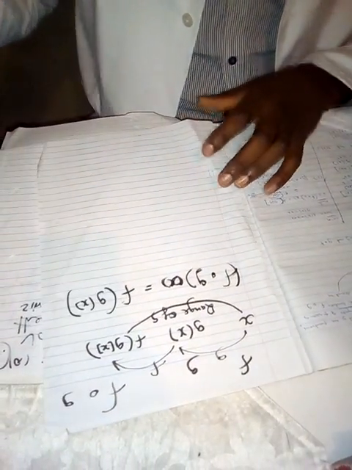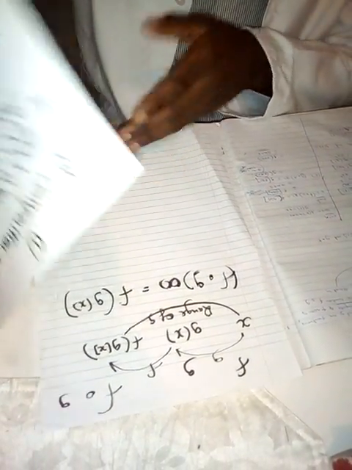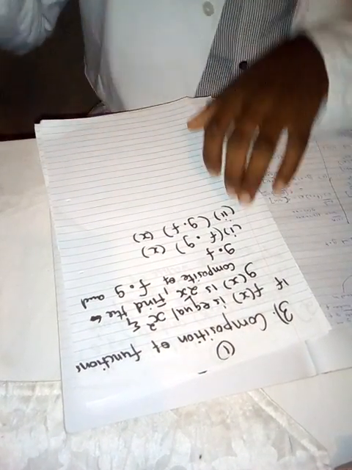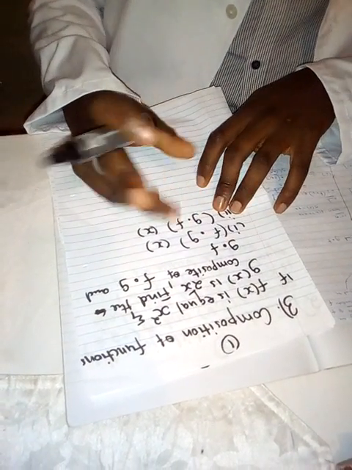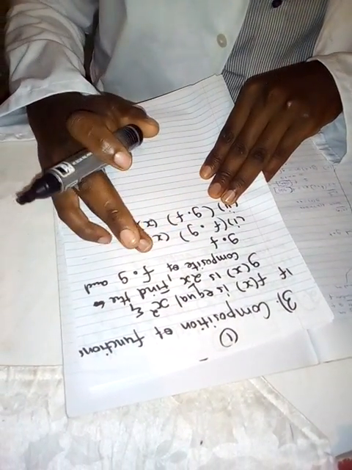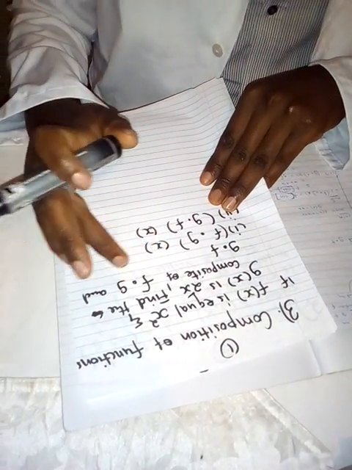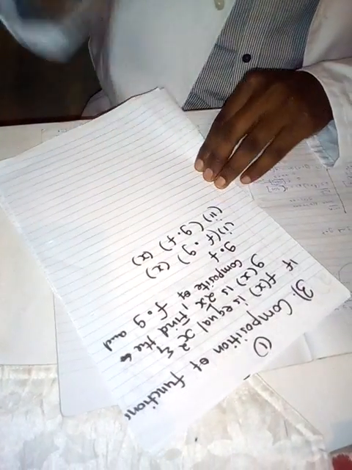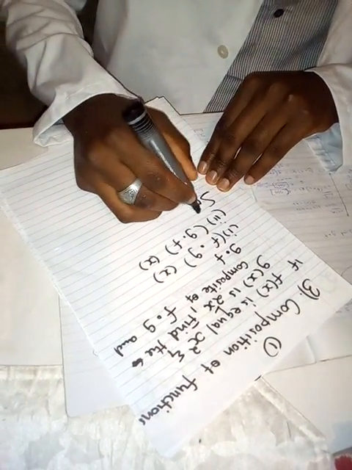For example, this is a good example. It says, the composition of functions: if f of x is equal to x squared and g of x is 2x, find the composite of f of g and g of f of x.